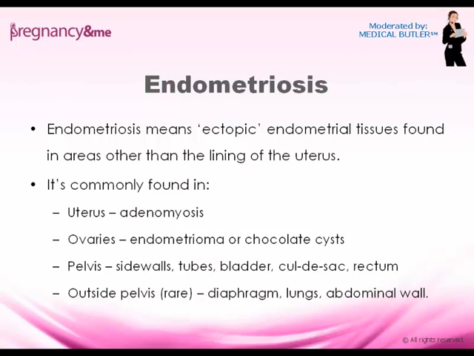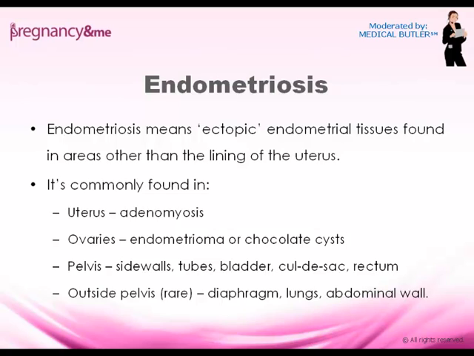The common sites where you would find endometriosis are in the uterus. When it's in the uterus, it is defined as adenomyosis. You can certainly find it on the ovaries, either just on the surface or within the ovary itself, where it becomes known as an endometrioma or a chocolate cyst.